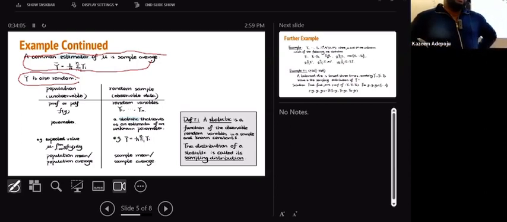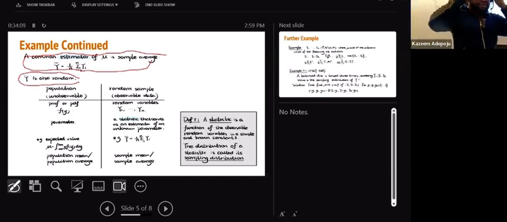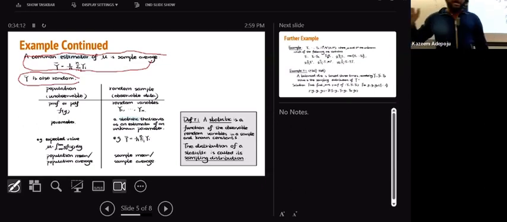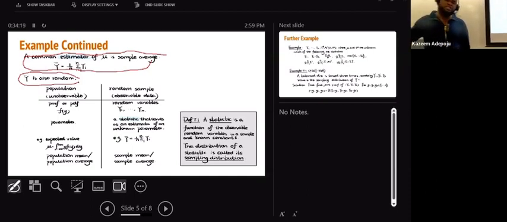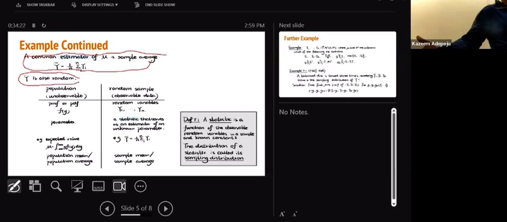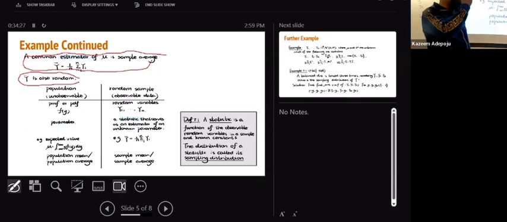If I give you an assignment in this class and I say, I need you to investigate how much on average students in this university spend per week, and I say you're going to go into University of Minnesota and select randomly 50 students, the participants in your sample are going to be different from the ones in another person's sample.